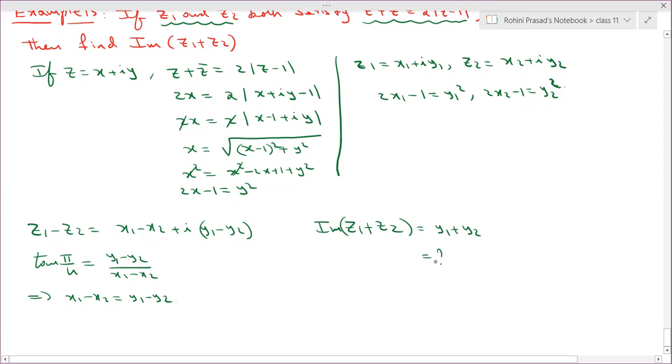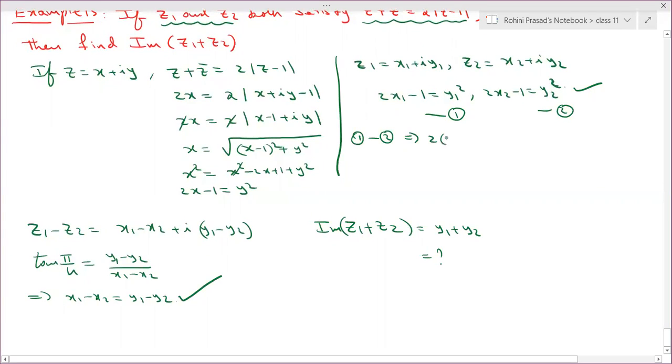To get this information, we have one piece of information and another in x1, y1, x2, y2. So to make use of this information x1 minus x2, if we call this equation 1 and this equation 2, do 1 minus 2.